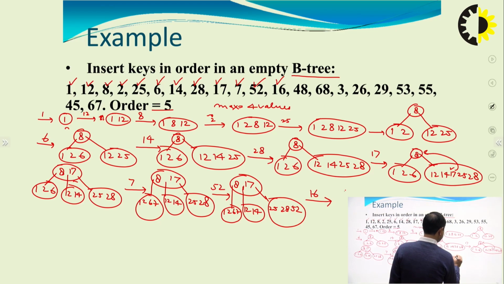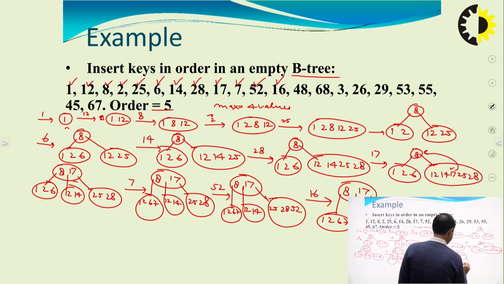It will be like this: 8, 17, 1, 2, 6, 7, and here will be 12, 14 or 16, and here values are 25, 28 and 52.